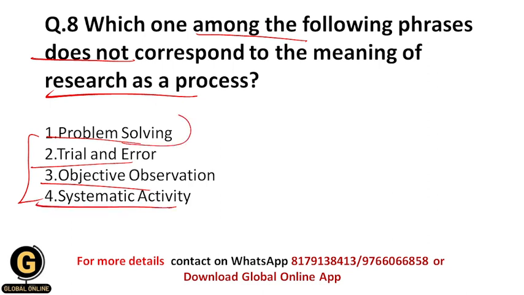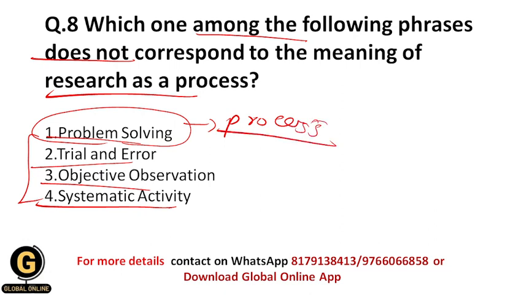So problem solving is basically a whole process in which we solve the problem through different steps, and that's why this is nothing but a process, and problem solving corresponds to the meaning of research as a process, so this option gets eliminated.